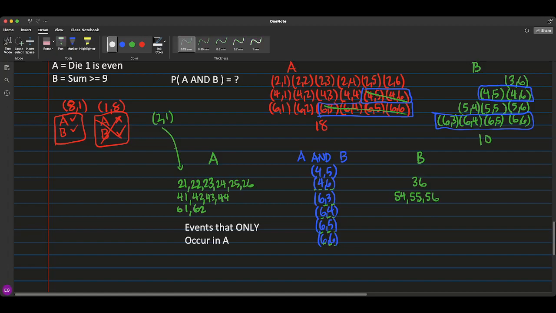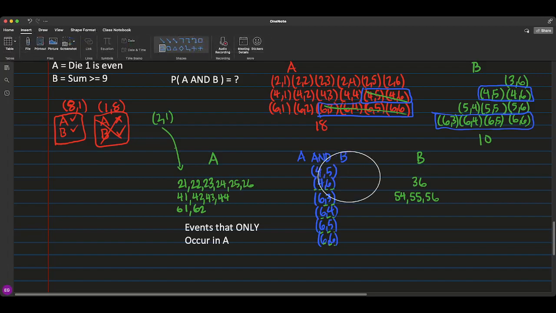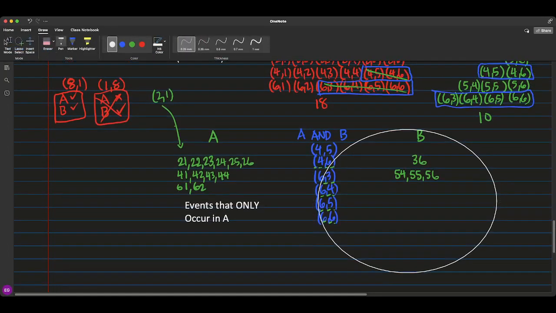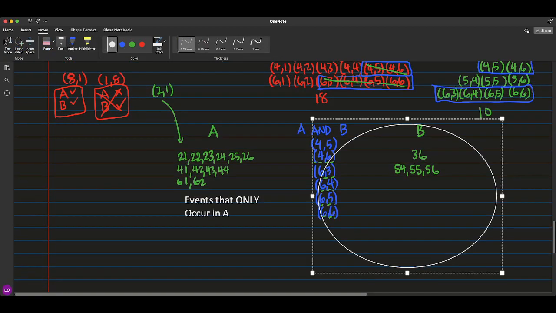Okay, so the way this works is I'm going to put a circle around everything that happens in B. And I'm just going to actually draw a circle. Oops. There we go. I'm going to move it.